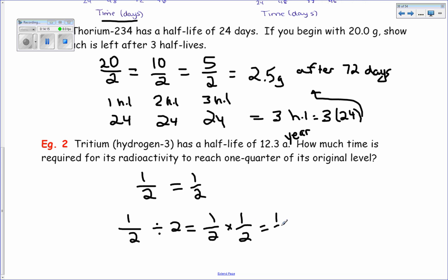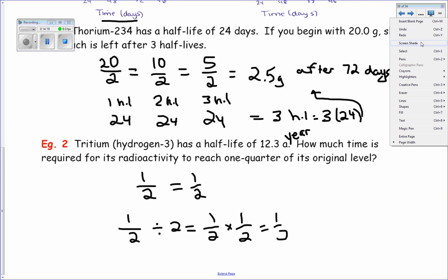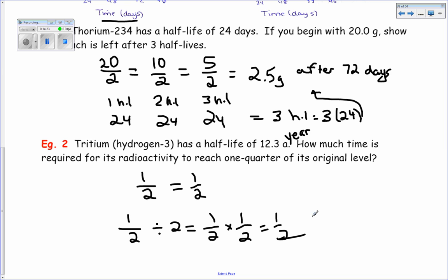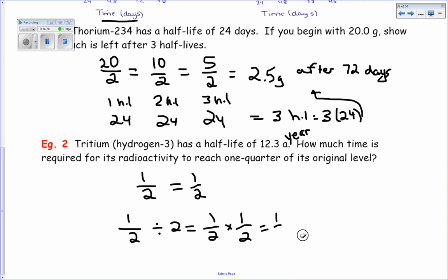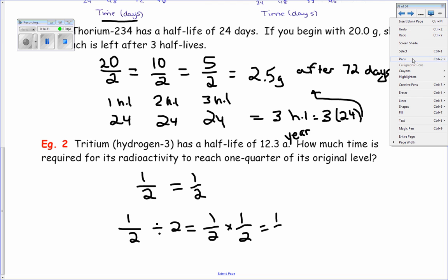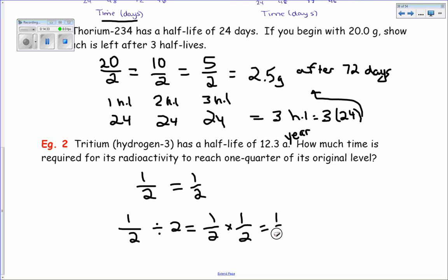So it's 2 half-lives. So that would be 1/4.